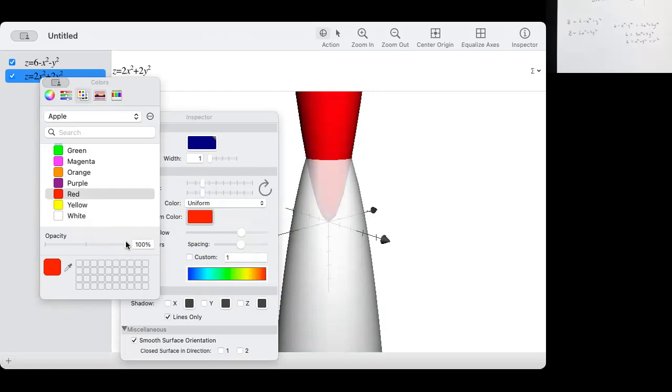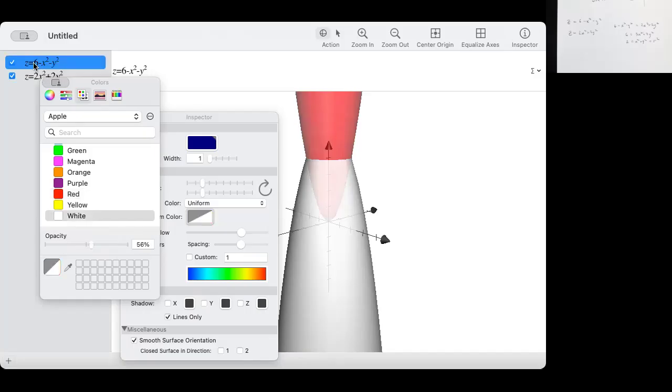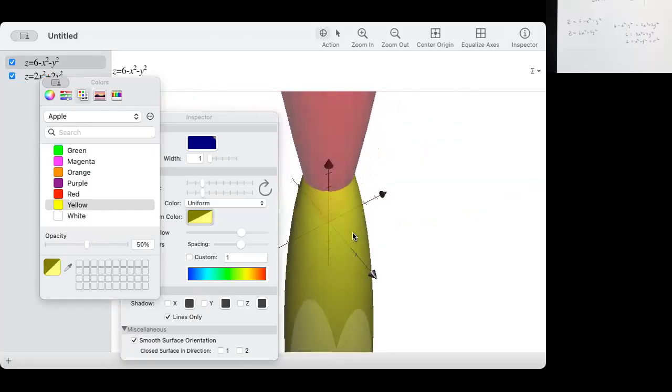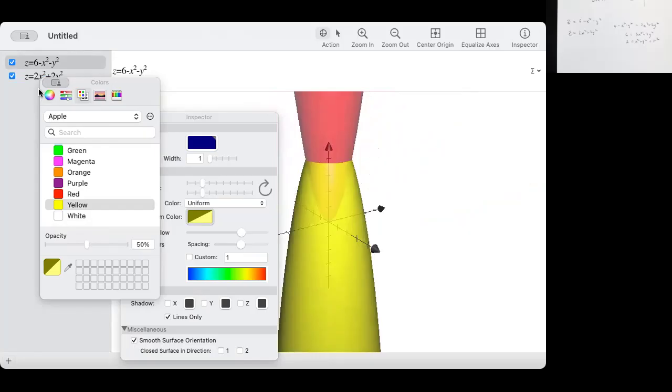I'll make that a little transparent. You see the top in there? Let's make the red one a little more see-through. No, the yellow one needs to be made a little more see-through. All right. There we go.